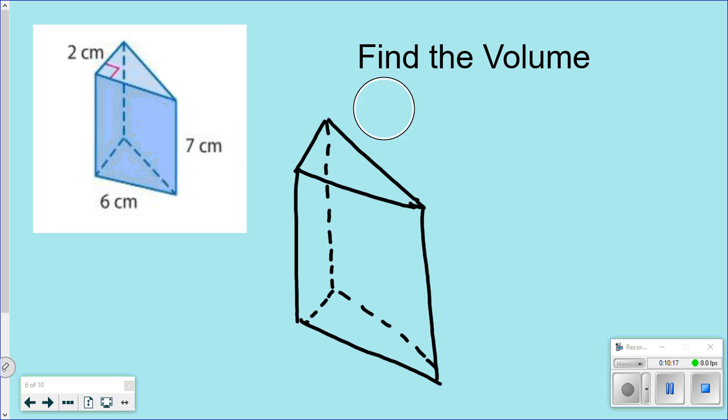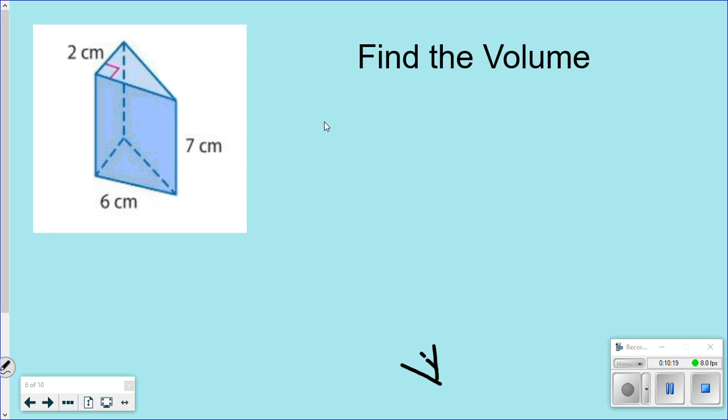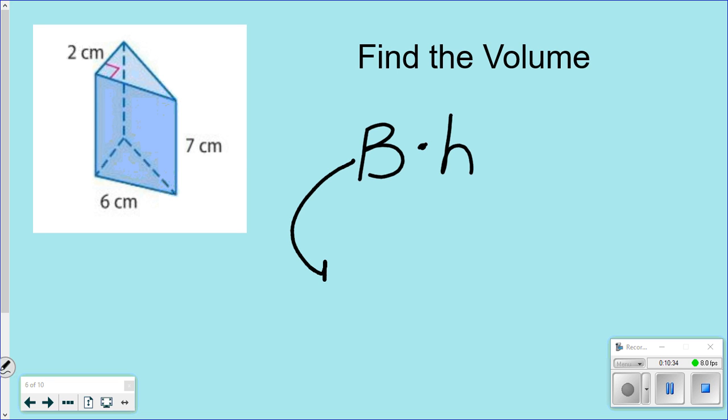Now let me show you why these are tricky. Here's the formula. What shape is the base of this prism this time? Triangle. So for this B, we're looking at the triangle.